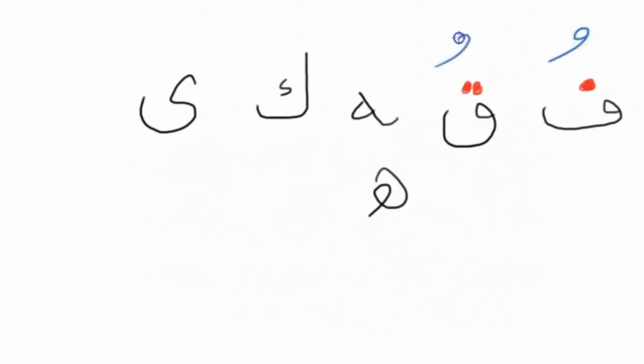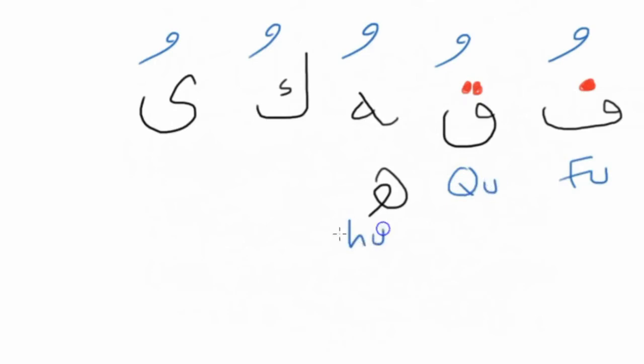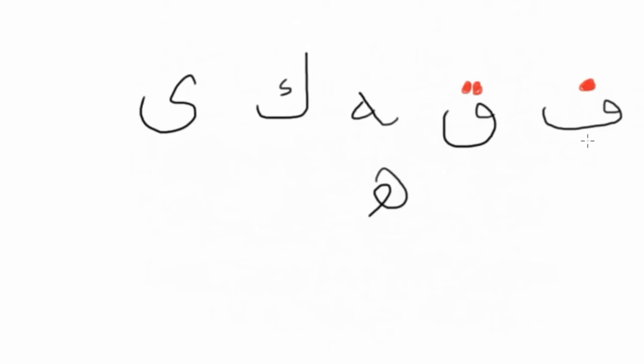Okay, so let's add different vowels onto these then, see if we can pronounce them. So now we're going to add the dhamma. So fu, qu, hu, ku, and yu.